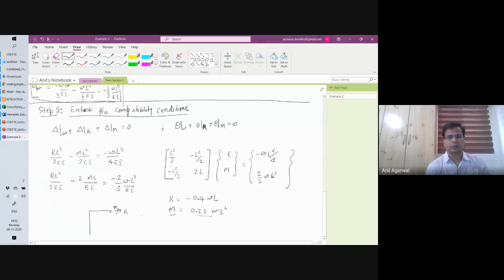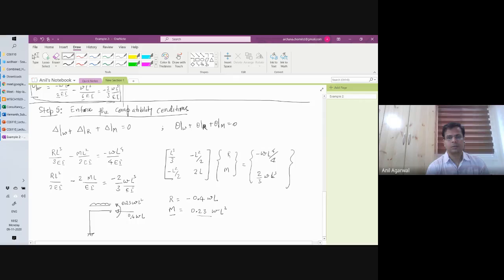That means the actual external forces acting on this one are 0.4 WL in this direction and an external moment of 0.23 WL square in this direction. Okay, and then of course you have W acting here.